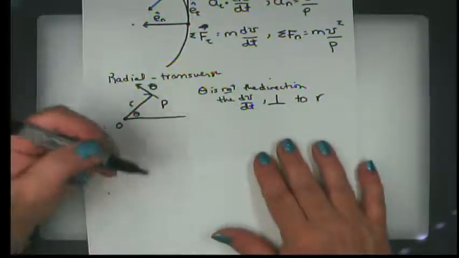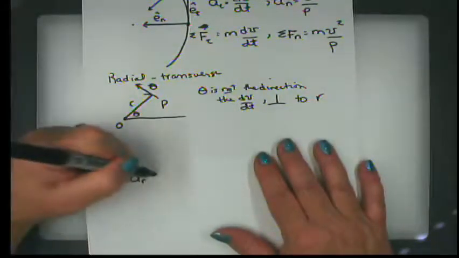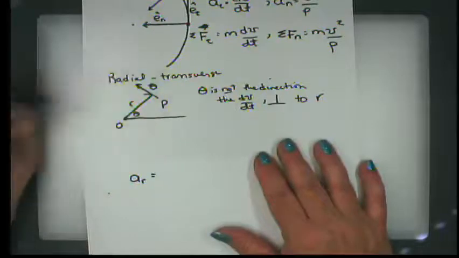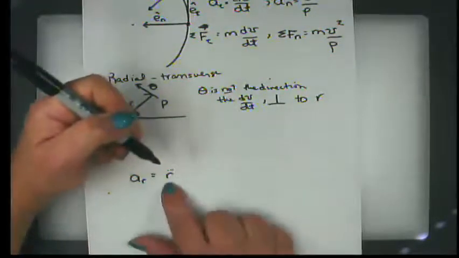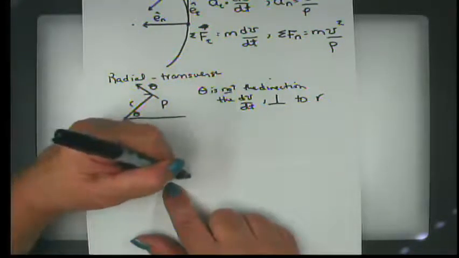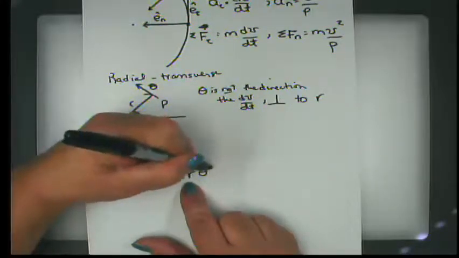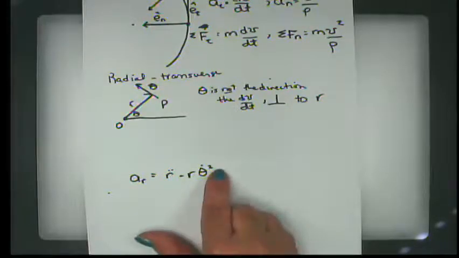All right, so we learned that this is a mathematical expression. You can derive it, but if you just start with the math, the acceleration directed along that arm, a sub r, is equal to r double dot, or the second derivative of r with respect to time, minus r times theta dot squared, so the first derivative of theta with respect to time, quantity squared.